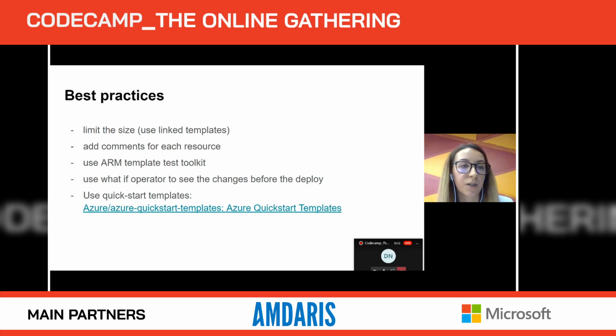Some best practices around defining them would be to limit the size of the files by using linked templates, and to put comments or descriptions for each of the resources, even for the parameters.